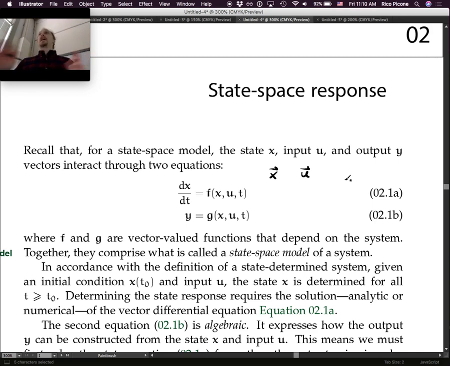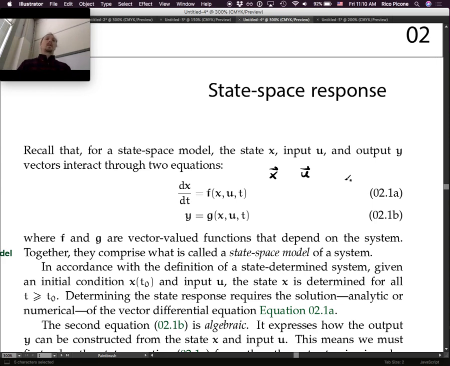State variables describe everything about the system, okay? And the inputs, and what the state is at a given time, contribute to how the state changes.